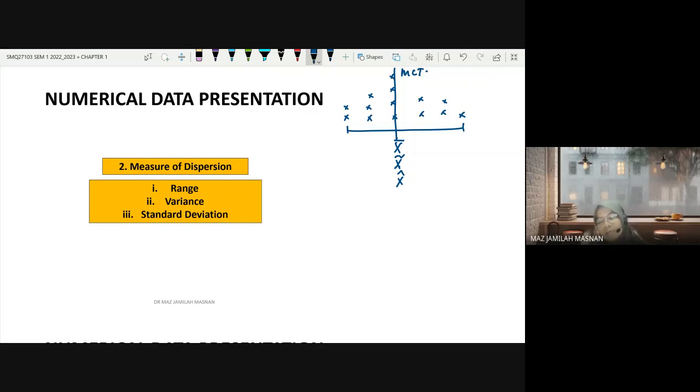Now, why is measure of central tendency insufficient? Can we just use measure of central tendency to know more about our data? Yes, we can. For example, if I enter your class, you have maybe 20 students. Before I go to the class, the class representative, Firdaus, if I'm not mistaken, came to see me. I asked Firdaus, how many students are in your class? 20.